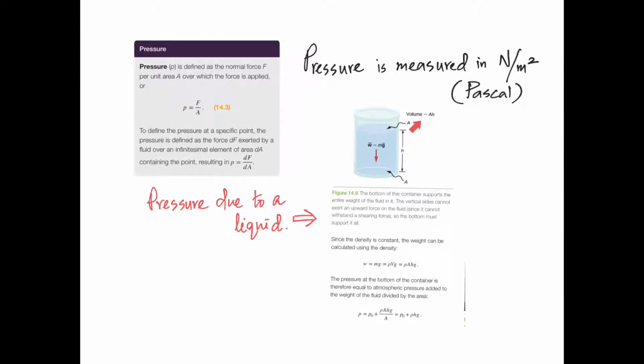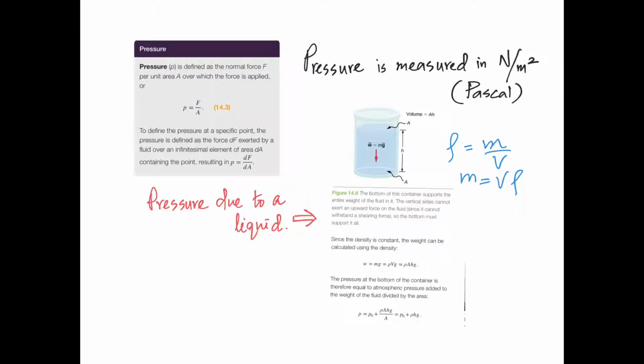If that's the volume, the mass would be volume times density, because remember, density is mass by volume, which makes mass volume times density.